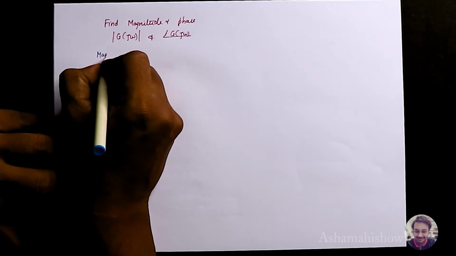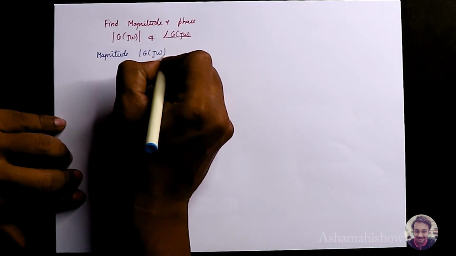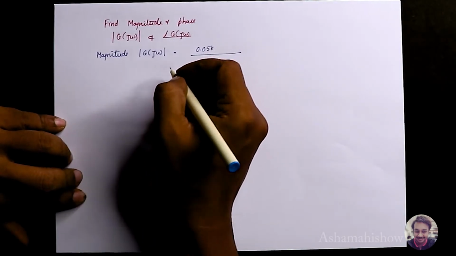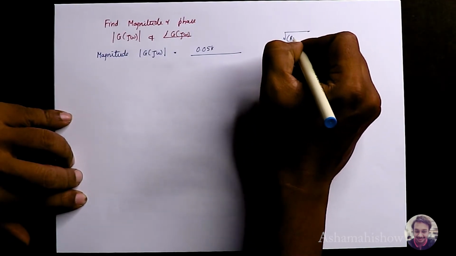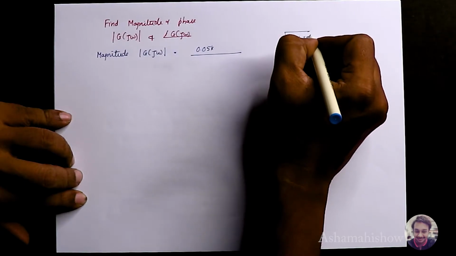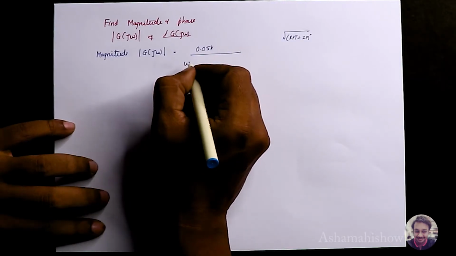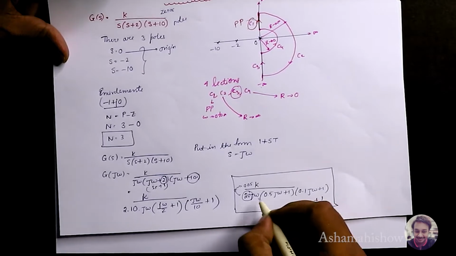To find out magnitude, first we need the formula, right? Magnitude of G of j omega is equal to, the numerator will be as it is. And magnitude is like the real part square plus imaginary part square, under a root.